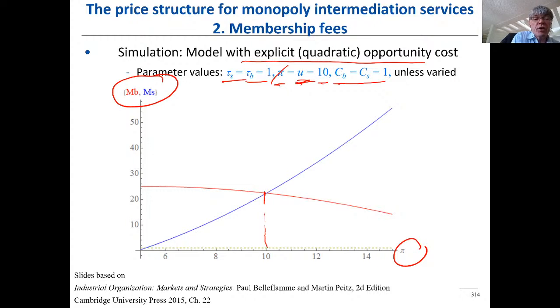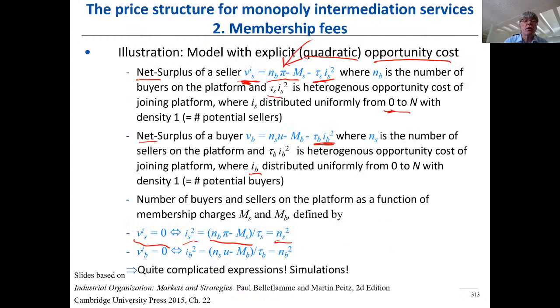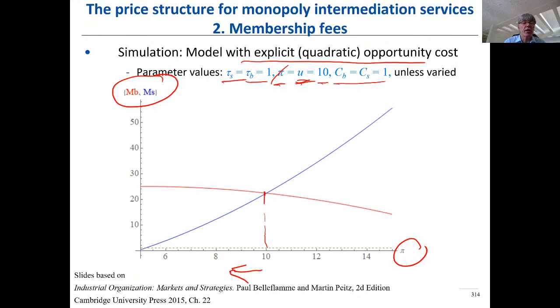What happens if we decrease the pi? If we decrease the pi, just look back here, that means that in a sense each buyer is worth less to each seller, okay? Each buyer is worth less to each seller. So the platform with the given number of buyers is not so valuable for the sellers. So what you would get is that fewer sellers would enter, okay?